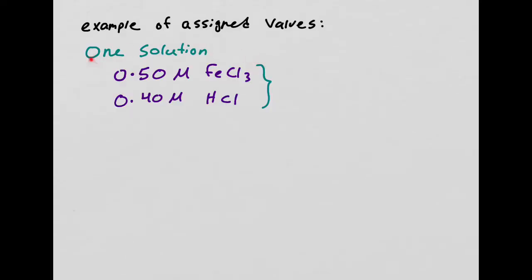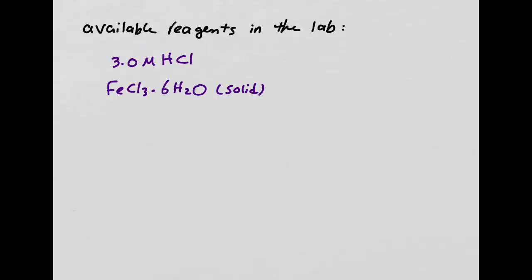What does that mean? This is the solution that I want to make, and these are the reagents that are available in the lab. Because when you are trying to make something, you have to make it from what is available to you. So that's what we have to work with.